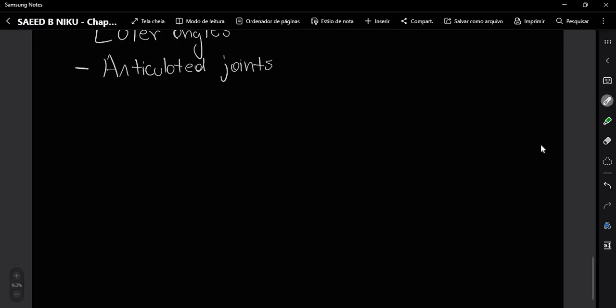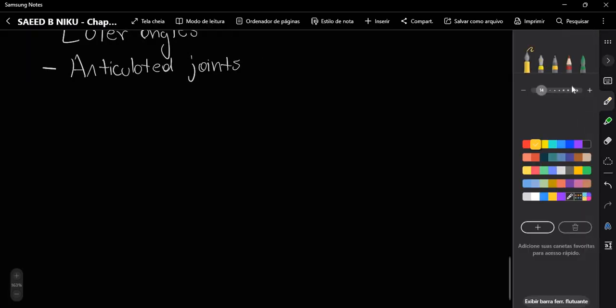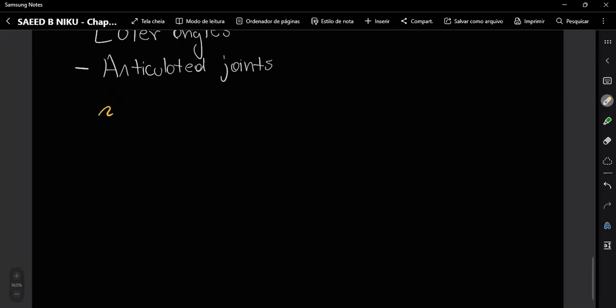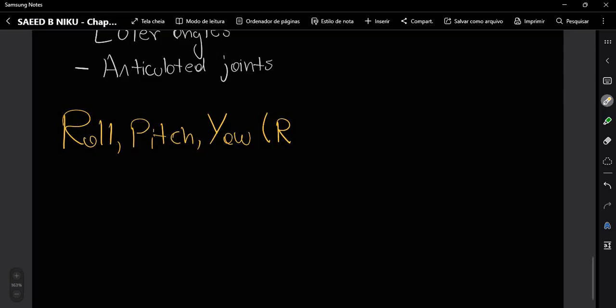Okay, now we have to introduce these concepts: roll, pitch, and yaw angles.